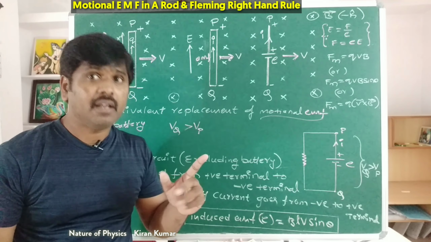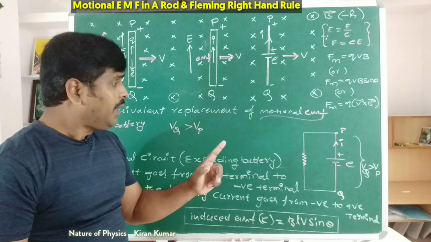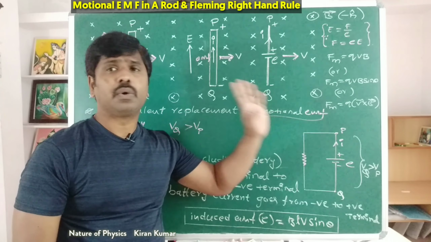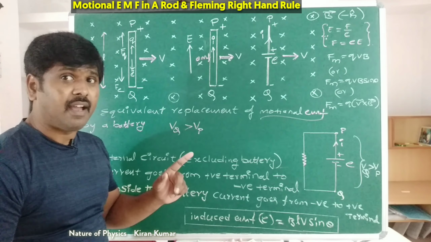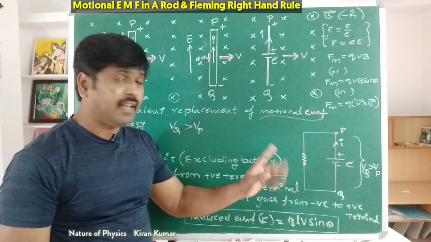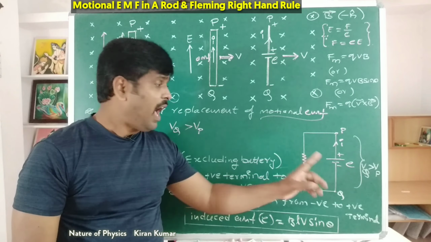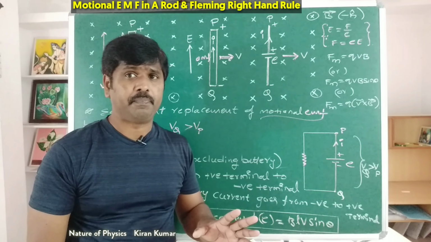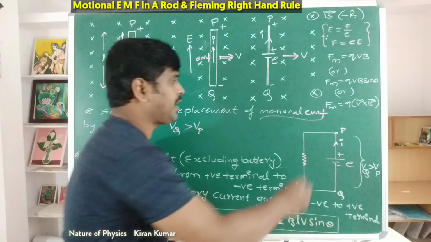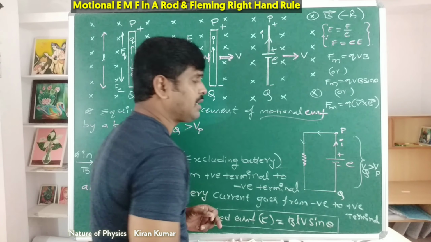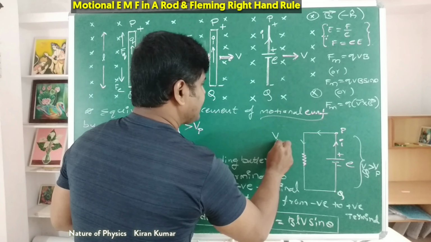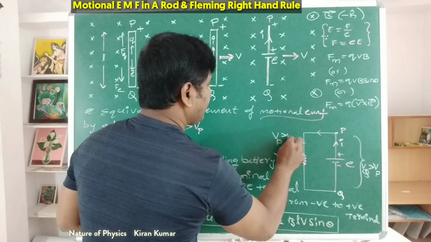But actually, there is a current induced in the battery from the high potential area to the low potential area. So for a battery, the current goes from the high potential area to the low potential area; this is the induced current. This current is in the correct direction. But in the external circuit, VP is greater than VQ.